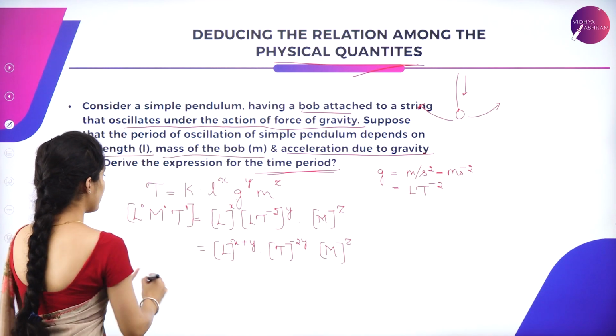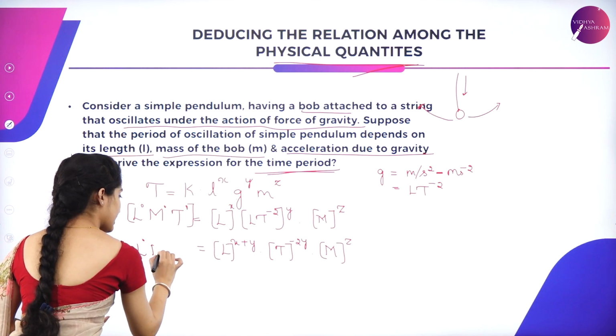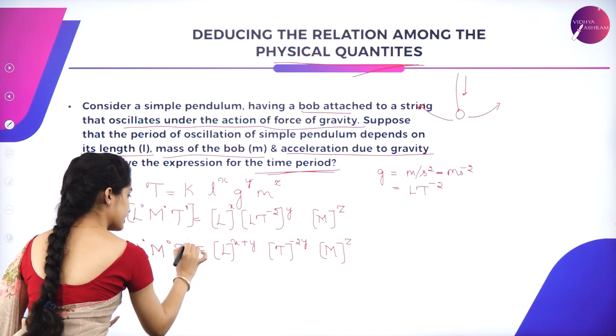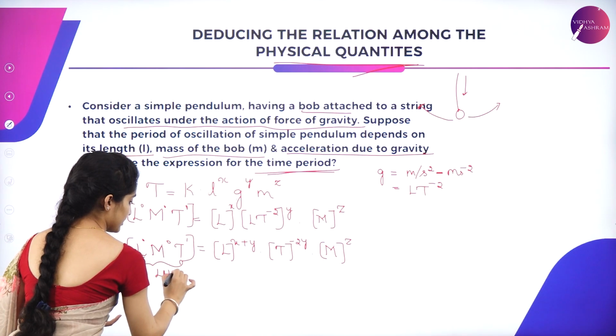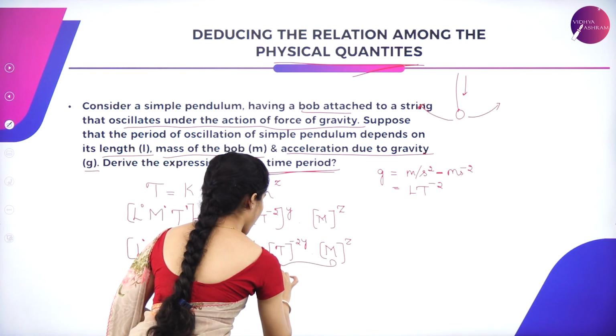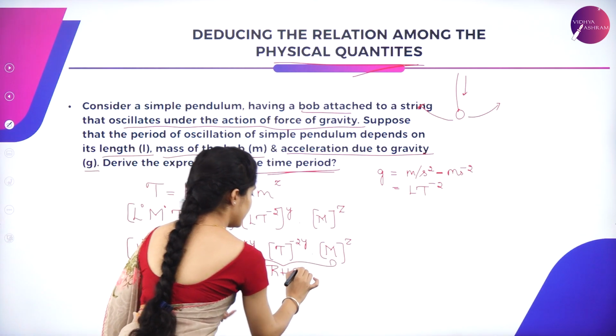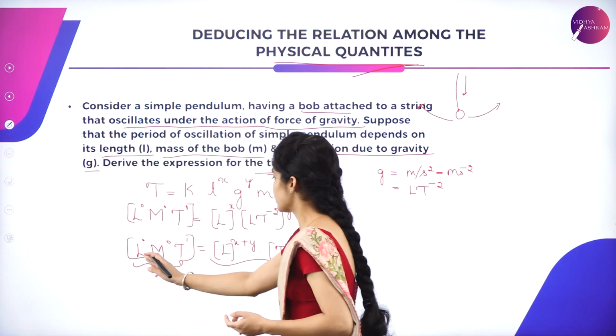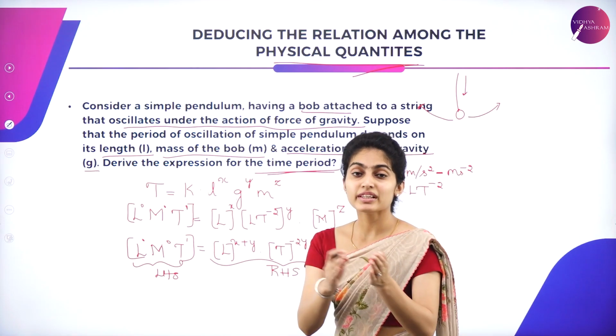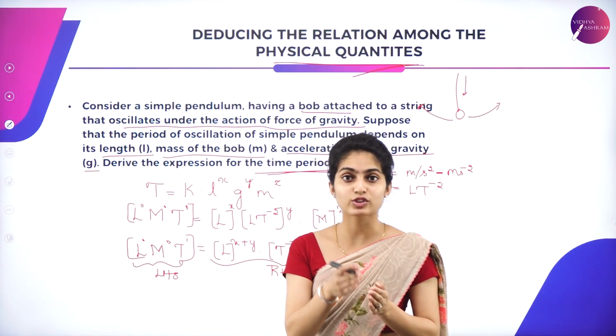So now equating LHS and RHS. So this is my LHS and this is my RHS, that is left hand side and right hand side. Now consider only the similar terms. Similarities have to be there.